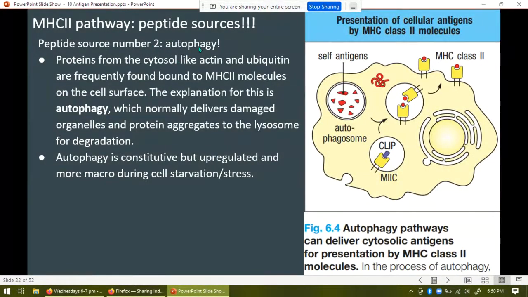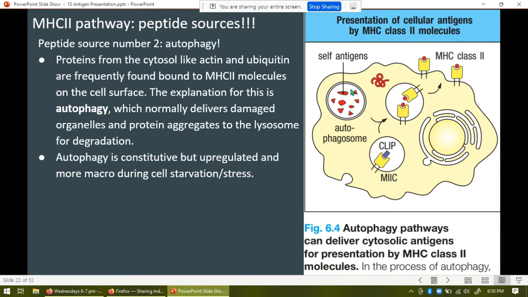Peptide source number 2 is autophagy. So autophagy looks something like this. Self-antigen is taken up in an autophagosome that is actually derived from the ER. This membrane comes from the ER, and it encapsulates some self-antigens that need to be broken down or recycled and used for energy.